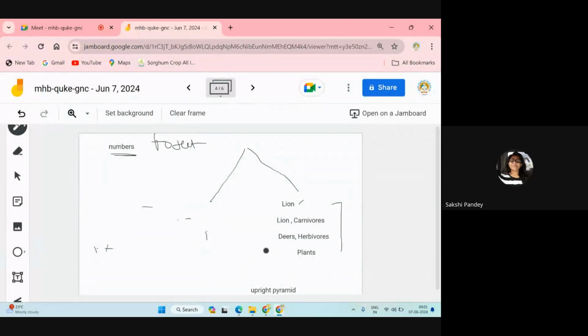If you talk about biomass, lion? If we talk about weight, no, plants will have, because a lion can have more weight, but plants are large in number. So we talk about the weight of all the organisms in a trophic level. The weight of all the plants will be very much more than the weight of all the lions, because plants are very much in number.